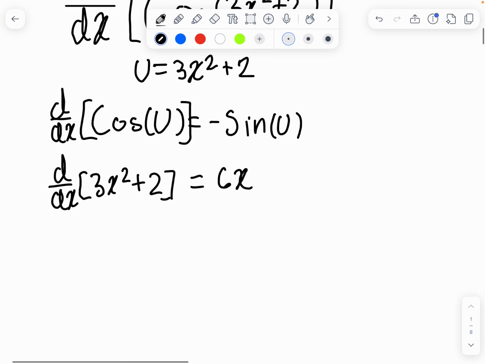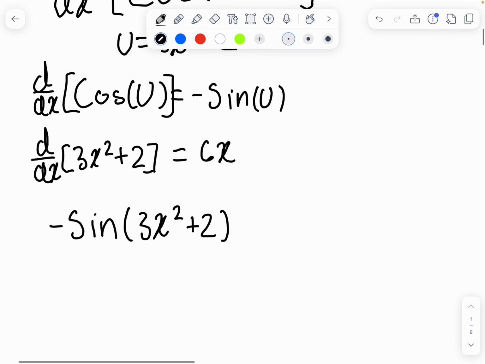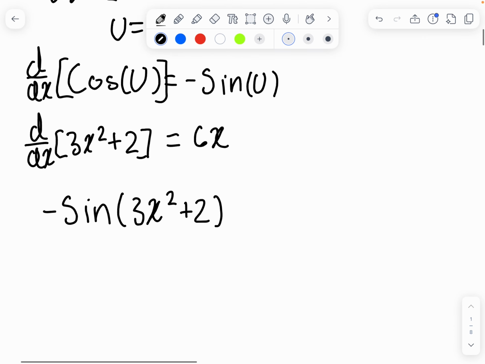Okay, now we have all our components, so if we sub back in u, 3x squared plus 2, and then multiply it by the inside value, so outside multiplied by the derivative of the inside, we multiply it by 6x.